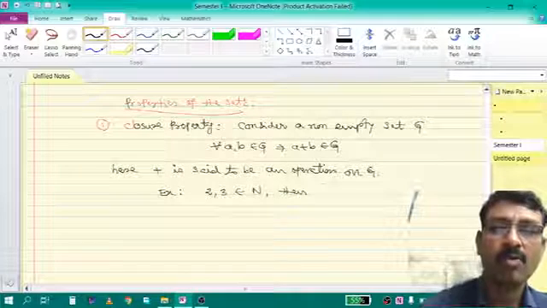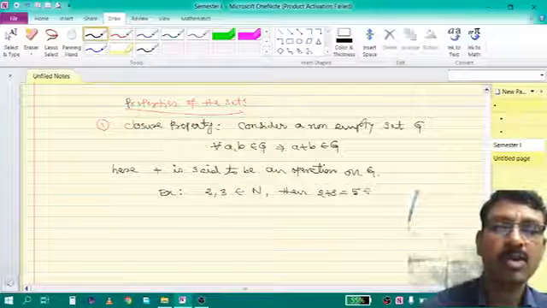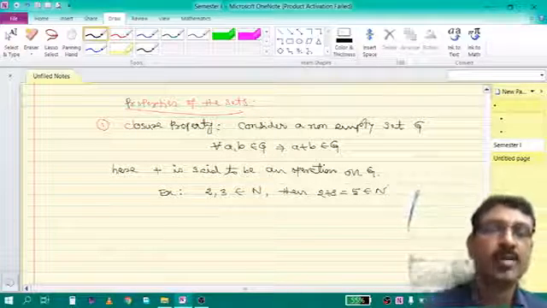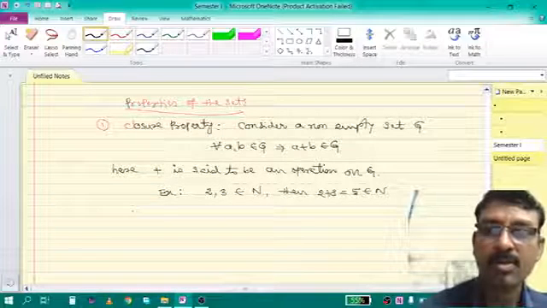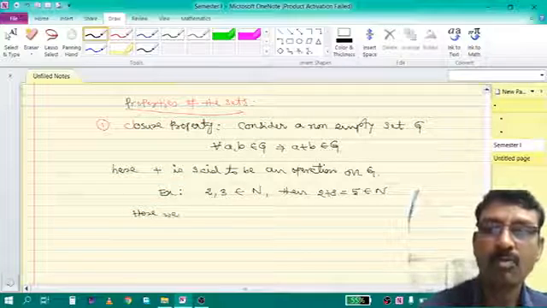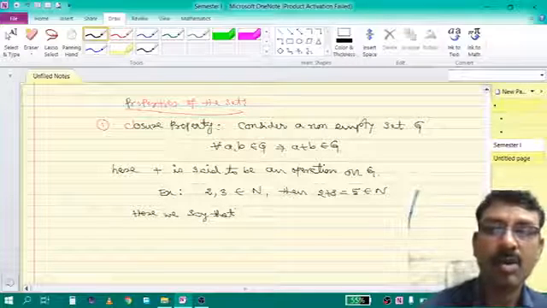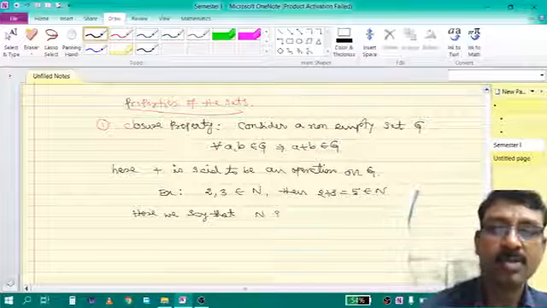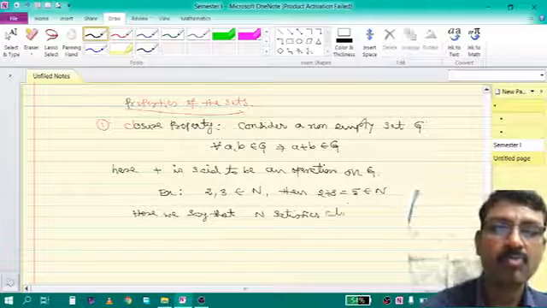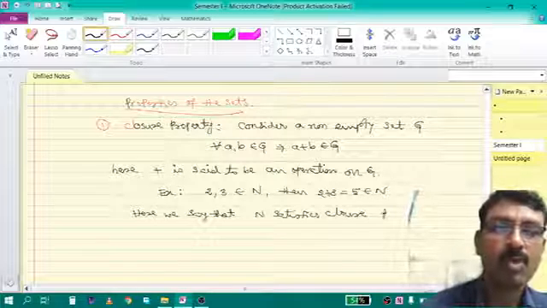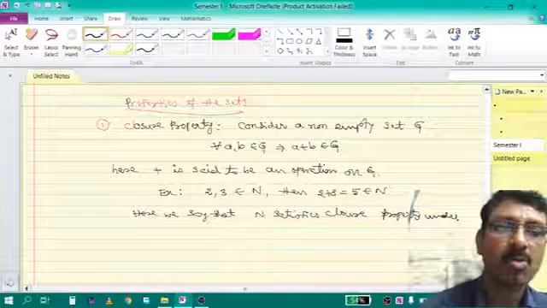Then we all know that 2 plus 3 is equal to 5, which is also a number of the set N. So here we can say that the set of natural numbers satisfies closure property under addition.